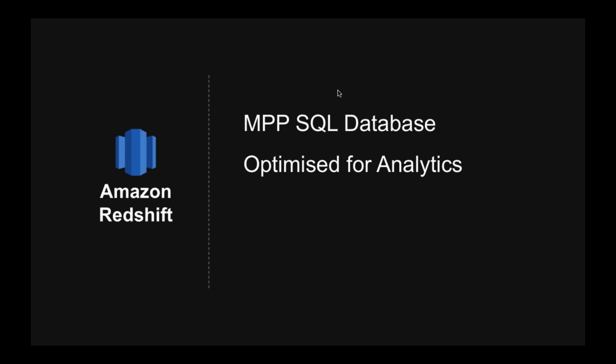Typically an analytical workload is one where you scan a lot of data, and so if you've got that data spread across a lot of machines, then obviously you can churn through it much more quickly.